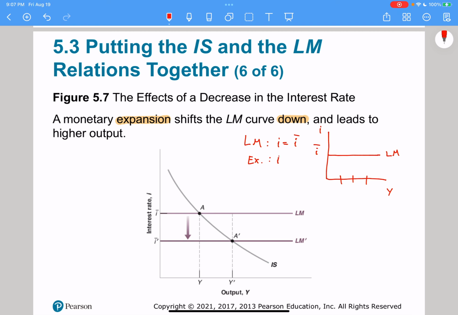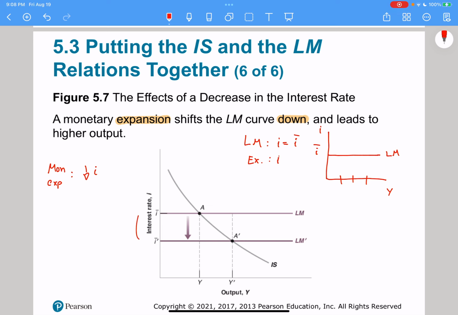So when we do a change in the interest rate, which is a change in the exogenous variable, what happens with the equilibrium? This is what we are trying to do here. Well, in this case, we have a monetary expansion, which is the same as saying a decrease in the interest rate.